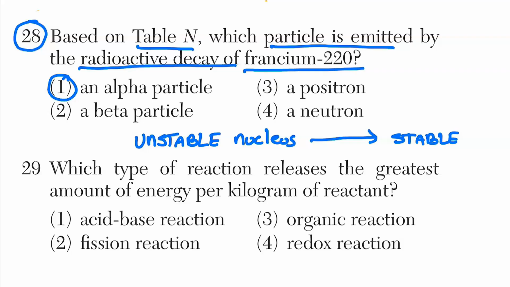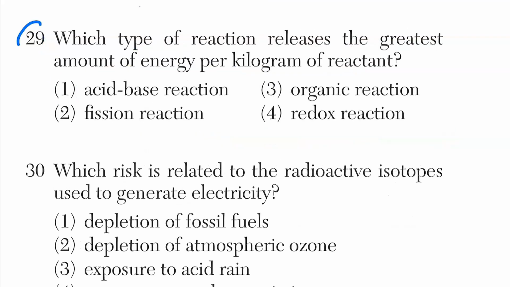On to number 29. Which type of reaction releases the greatest amount of energy per kilogram of reactant? Don't get lost with the per kilogram of reactant. You're just saying, which of these choices represents a reaction that gives off the most energy? Don't make it complicated. Now, they love this.